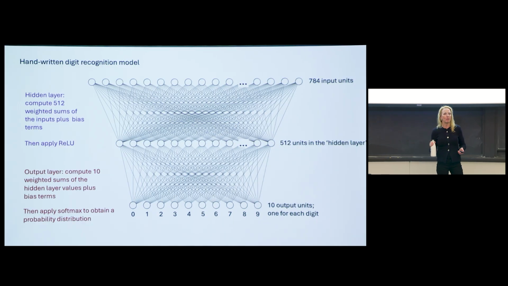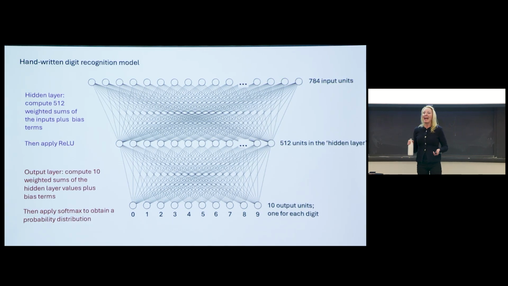But how did we get from these random predictions, these random weights and biases, to something that did pretty close to human level performance? How did we go about doing that? What happened in those 30 seconds when my laptop trained the model?